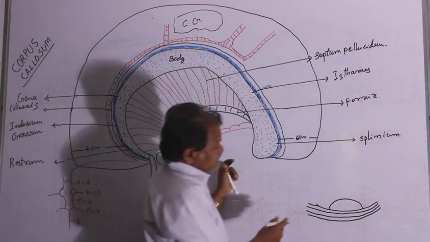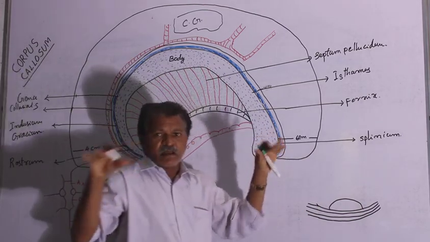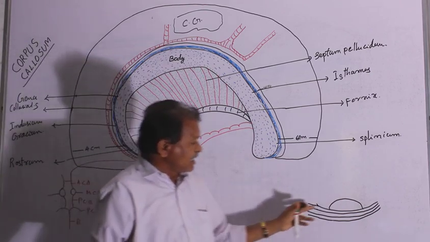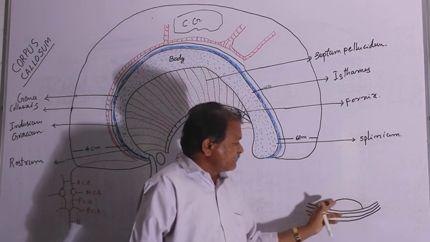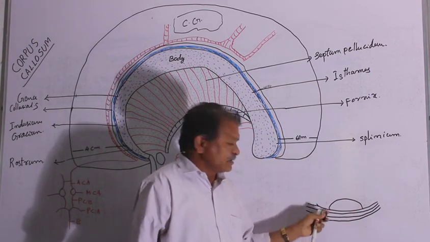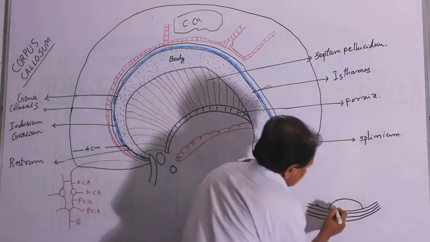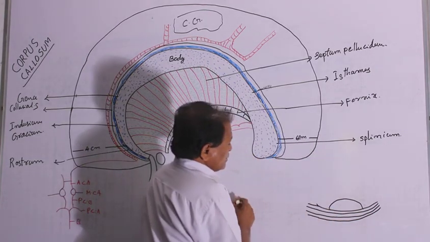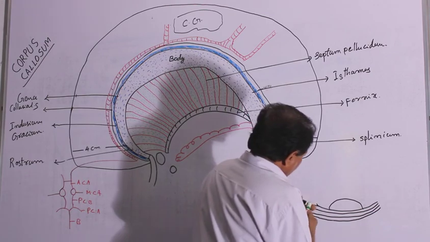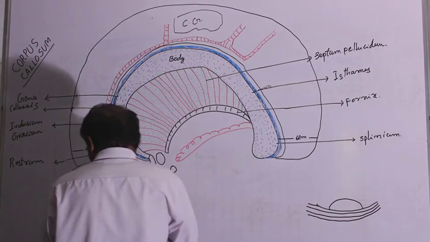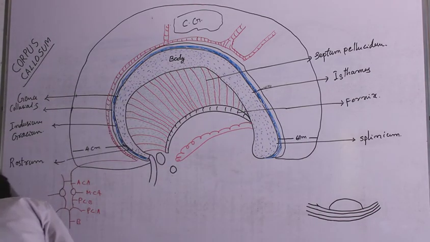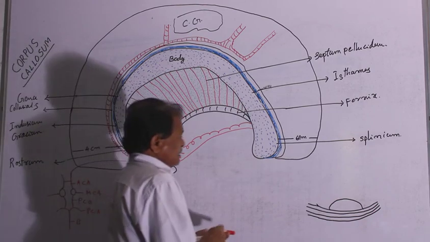Here there is a stria on the outer surface, and superiorly there is a stria, and another one here.